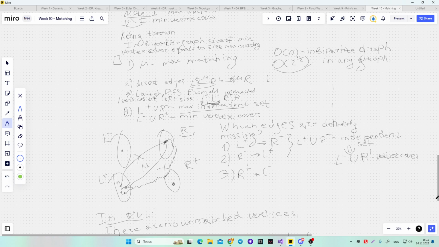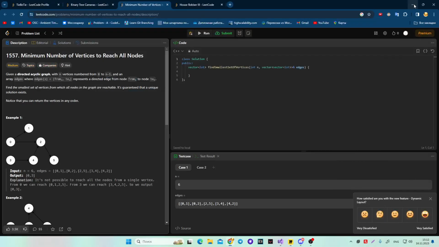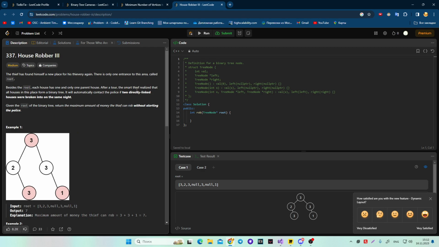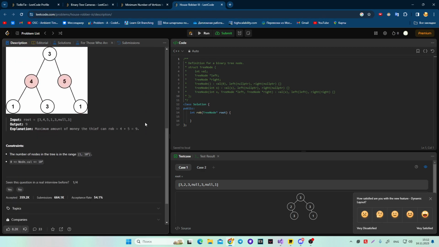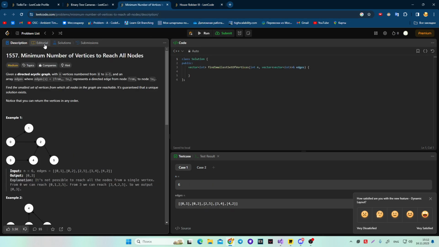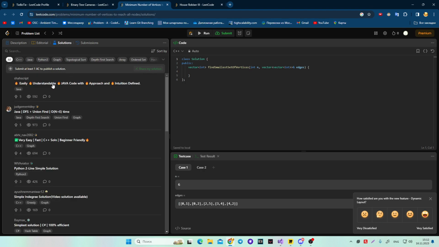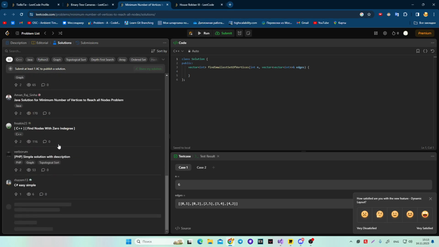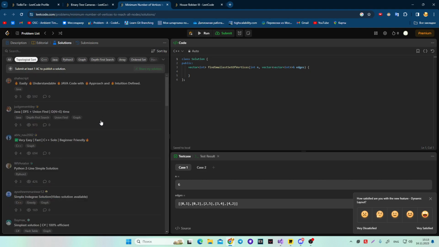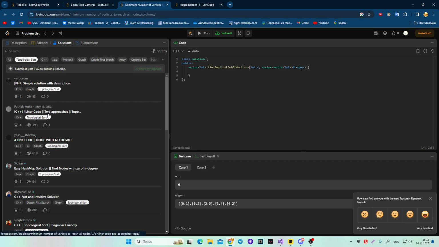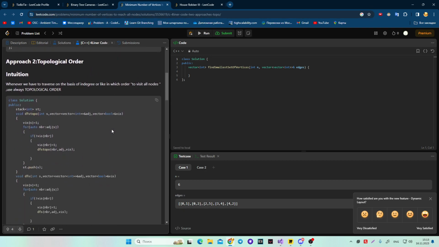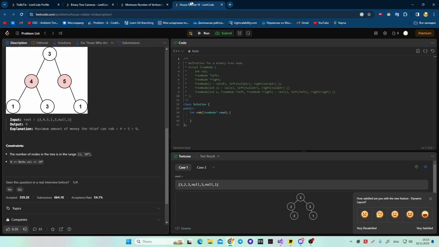No, it's maybe cycles. Okay, this algorithm is easier than this. Okay, last task. House Robber. No, just topological order, how I told you.